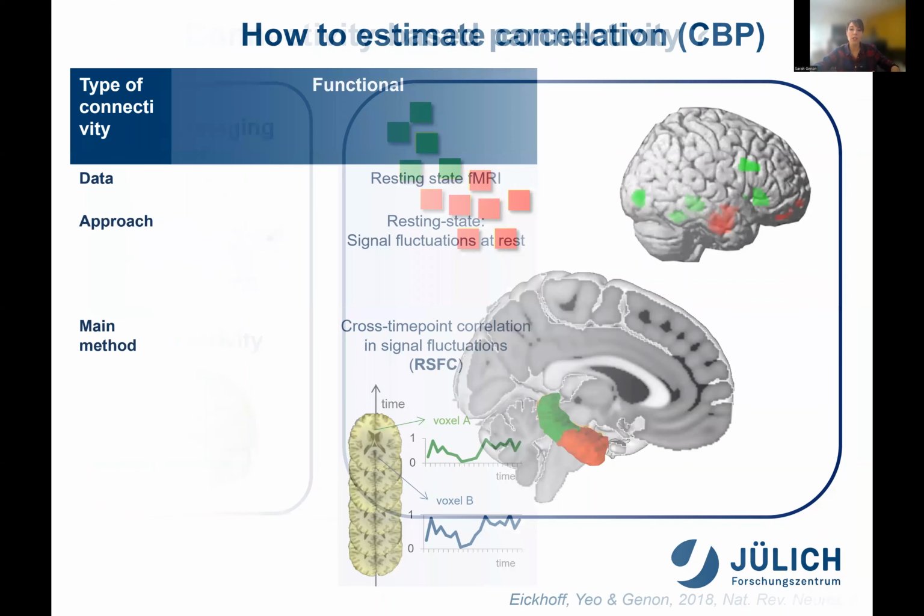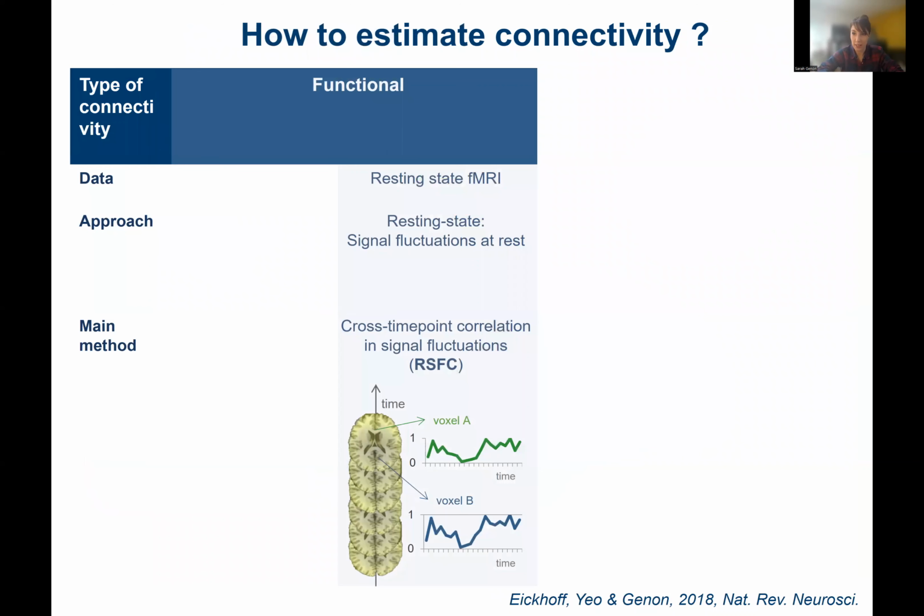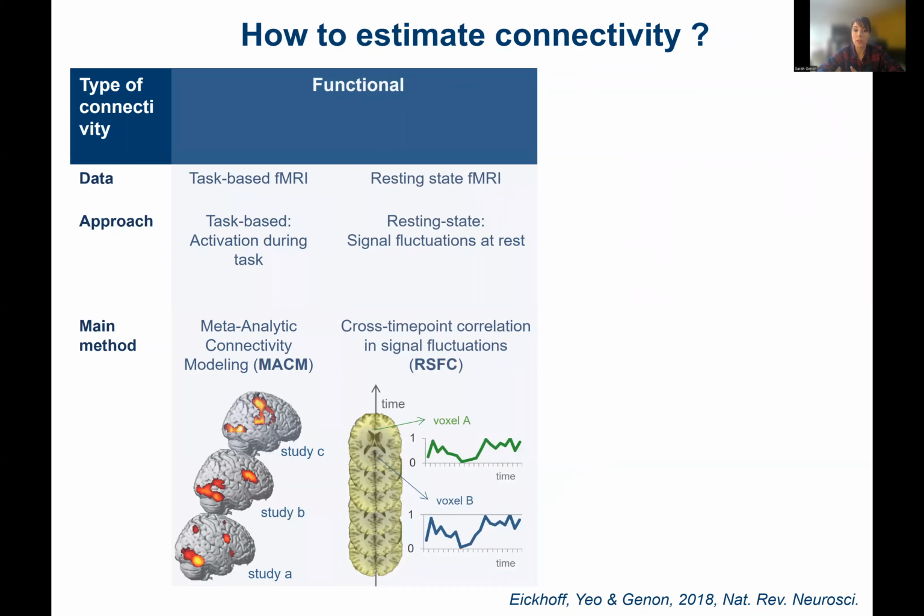Now there are a range of connectivity features that can be used for brain parcellation. The most popular is functional connectivity derived from resting state data. But functional connectivity can also be derived based on the meta-analytic approach, which gives us co-activation information about the voxels across a range of activation studies.